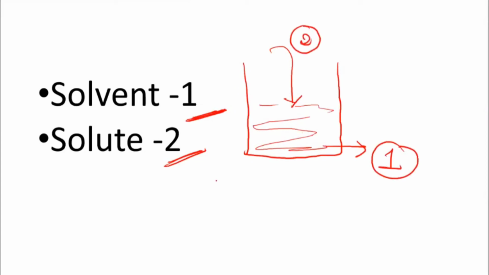Wherever you find W2, that W2 is the weight of the solute, and the weight of the solute is always less. That's one more clue for you to remember. It is less than the weight of the solvent, because solvent will be large in quantity. So W2 is the weight of the solute, and W1 is the weight of the solvent.